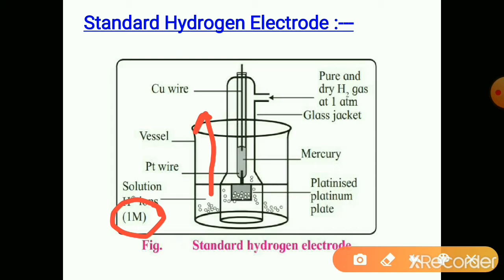So maintaining 1 molar concentration is a bit difficult due to bubbling of H2 gas into the solution. Evaporation of water may take place, which changes the concentration of the solution.